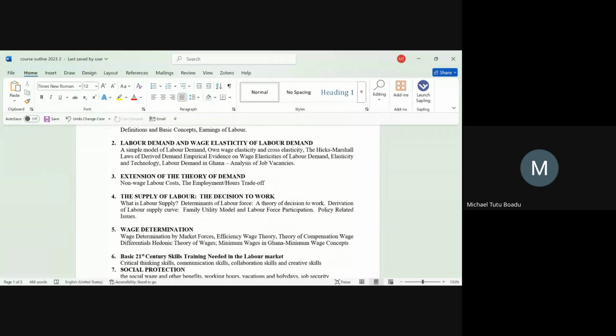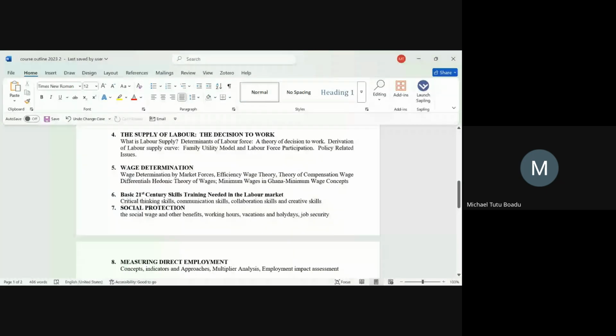They can influence how somebody would want to supply his services for money. So we'll look at some of these interesting things.